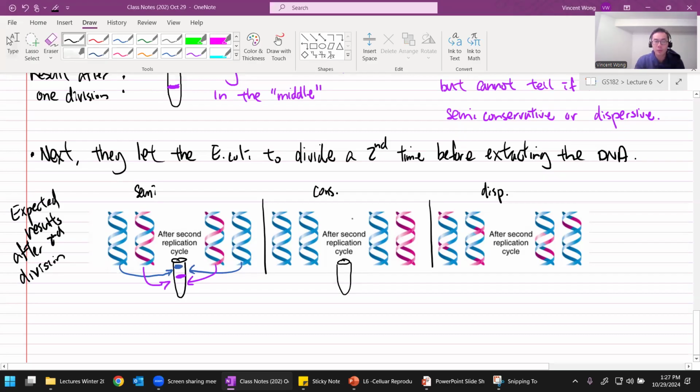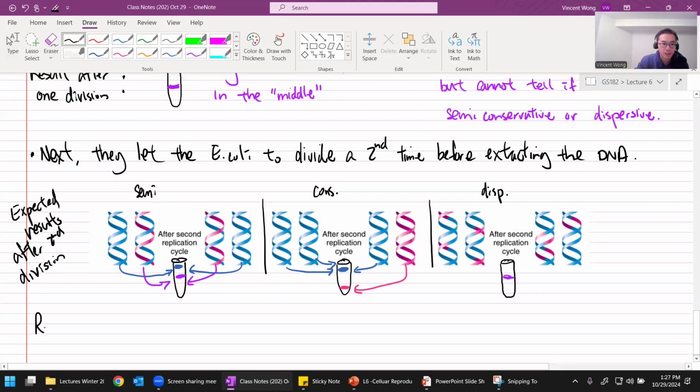For conservative, even though we already know it's wrong, if it was in the second division, you would have the 14 at the top and the 15 at the bottom. And what about dispersive? Where would you find the DNA in the dispersive model? Middle, that's right. Just the middle.